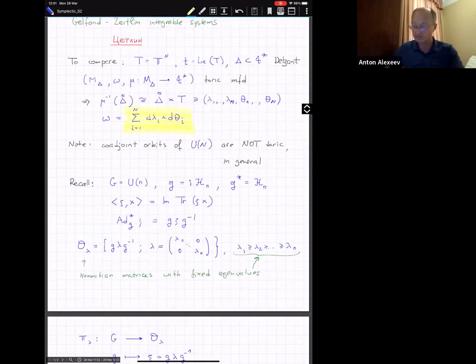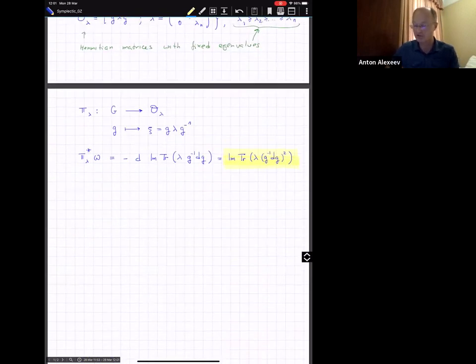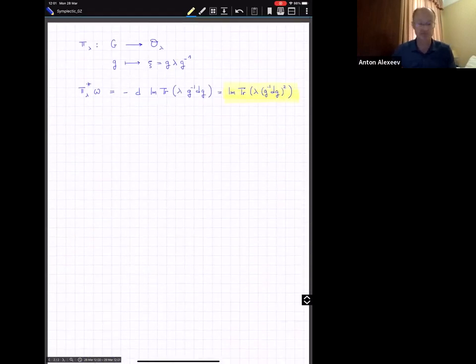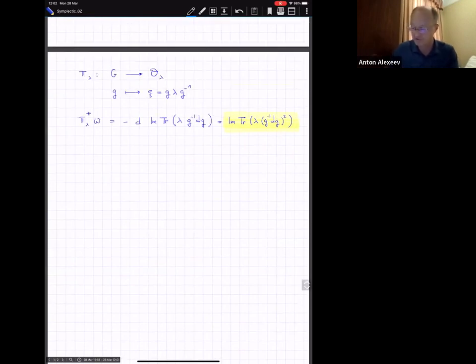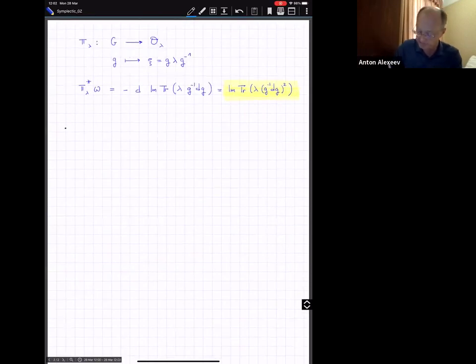So for that, we'll need several gadgets, and I'll start with the first gadget, which is called the Gelfand Zetlin map.